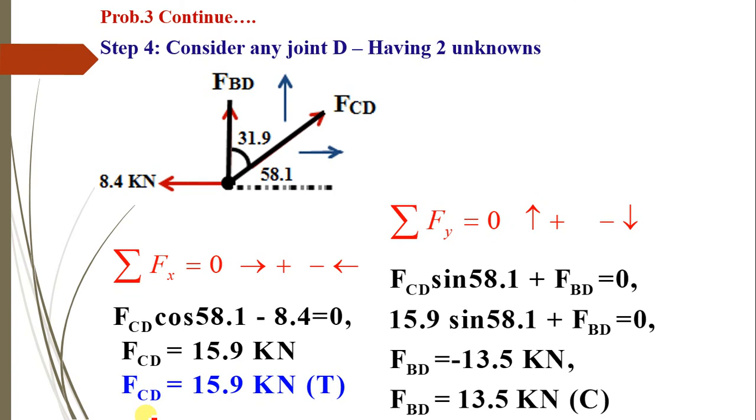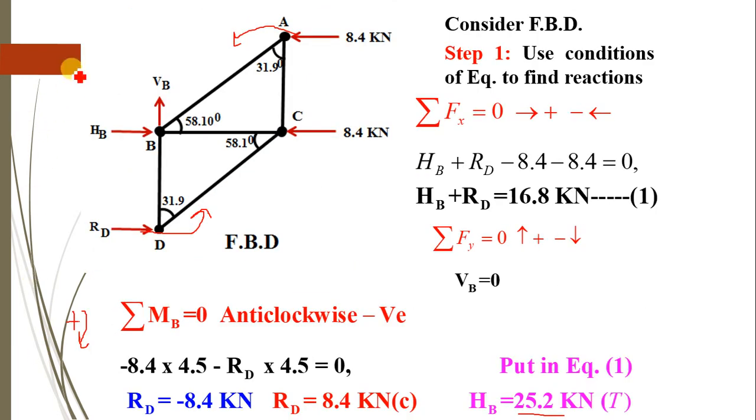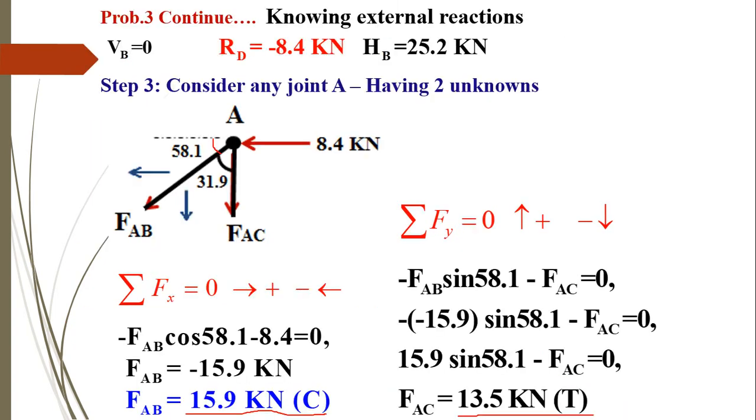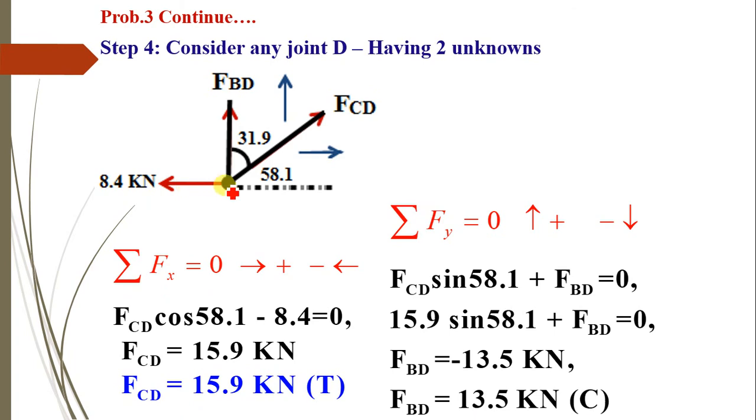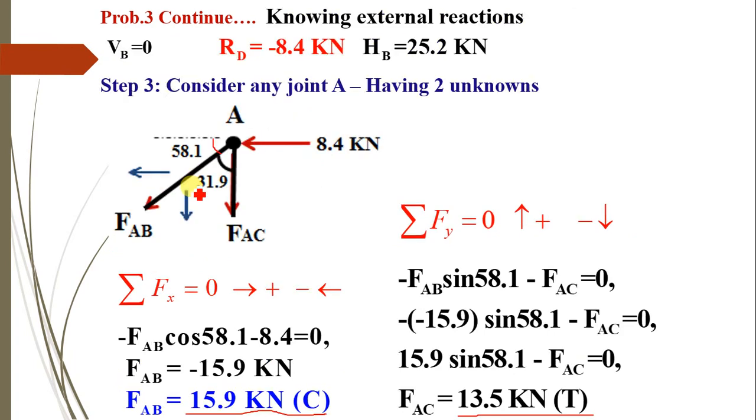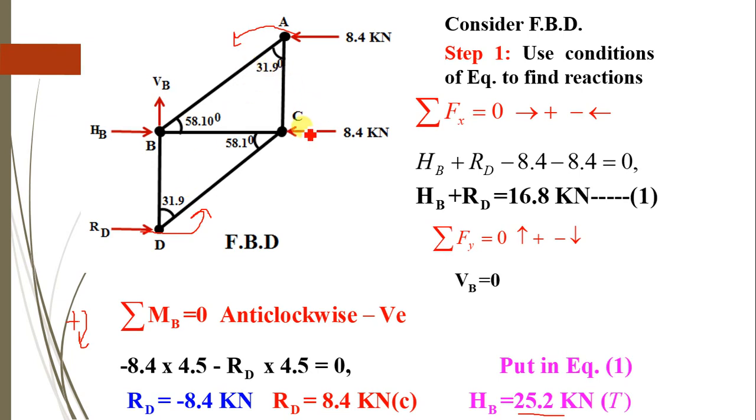Then considering the next joint, that is nothing but joint D over here. So at joint D, the members are BD and CD and the reaction RD. This force is considered over here.